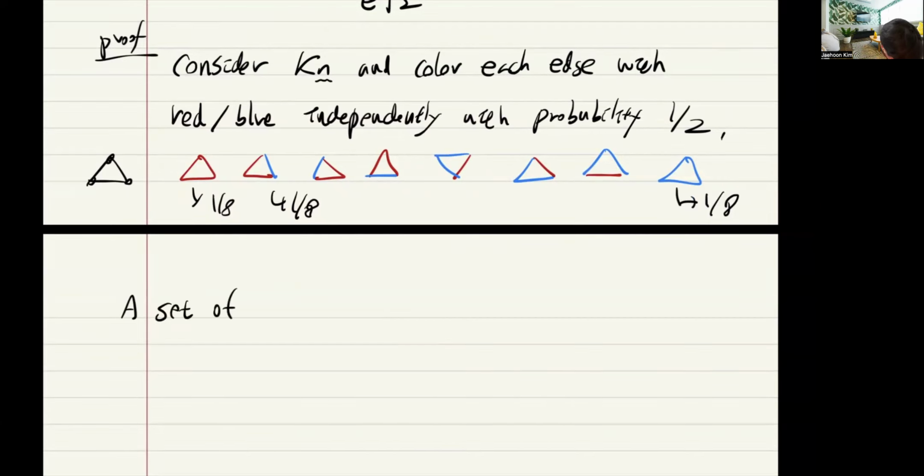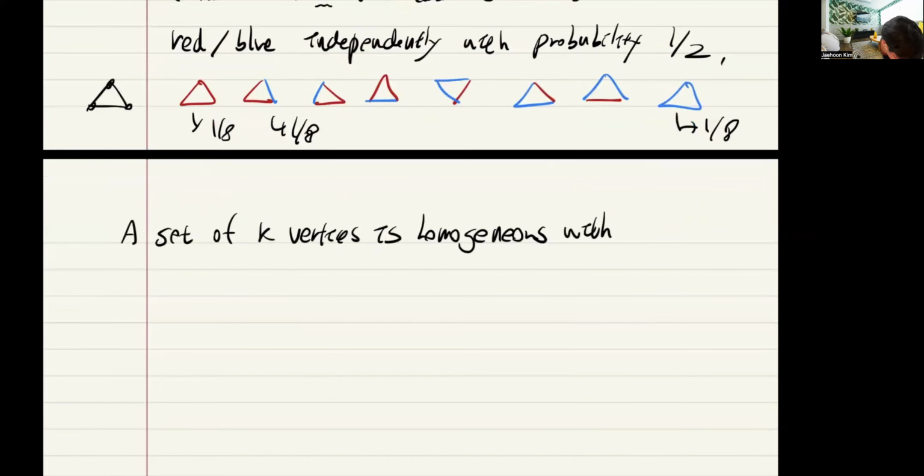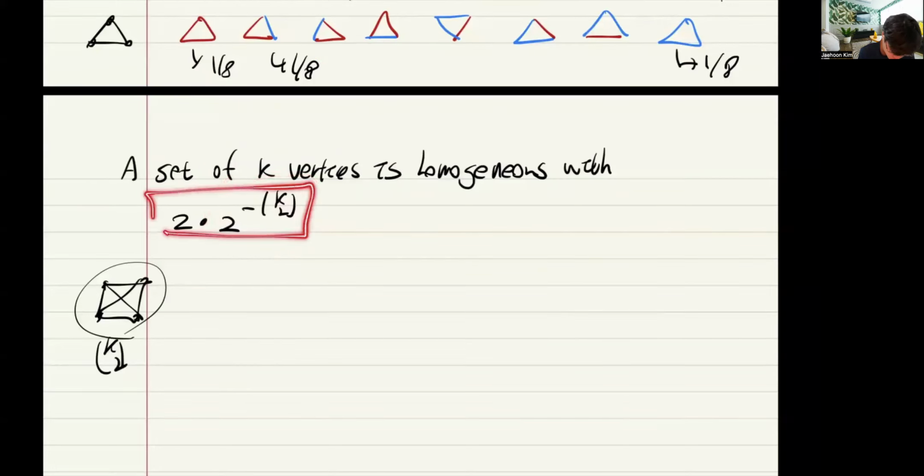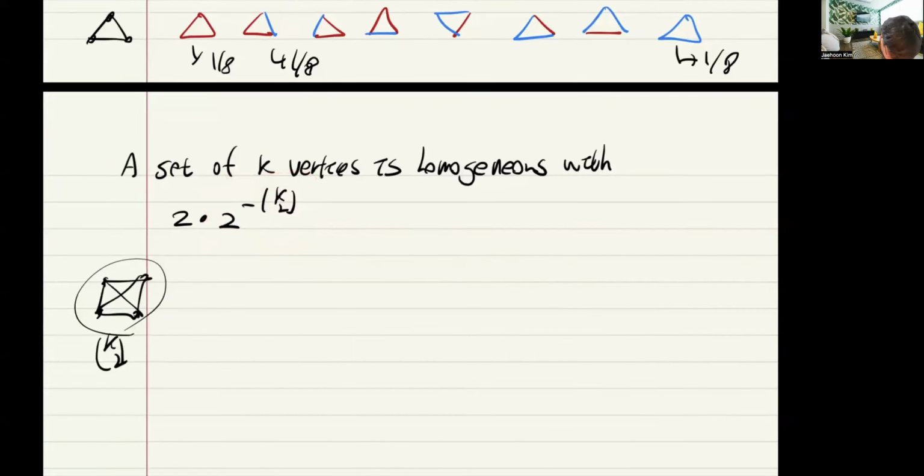Now for a set of k vertices, we consider the probability that it is homogeneous. Its probability is 2 times 2 to the negative binomial k choose 2. If you have k vertices, there are k choose 2 edges; the probability that all of them are red is this, and the probability that all of them are blue is this. Summing them up, twice this is the probability that it is either red monochromatic or blue monochromatic.